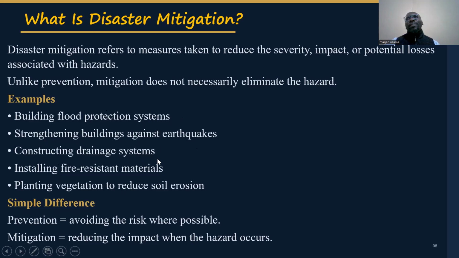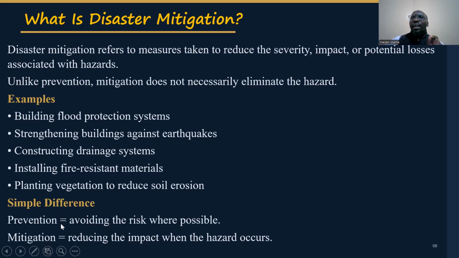Constructing drainage system. We need to have drainage system. The drainage systems will help to minimize it. Installing fire-resistant material in our houses and buildings, planting vegetation to reduce what? To reduce soil erosion.